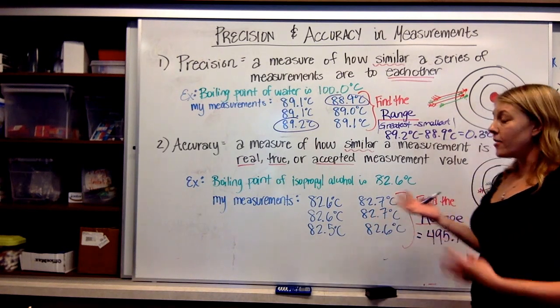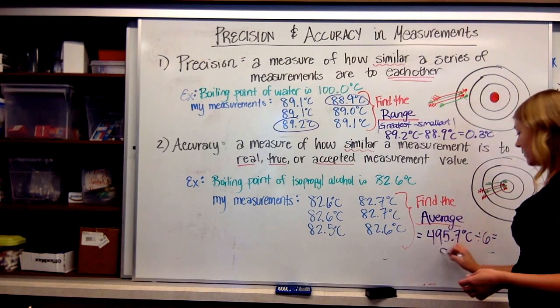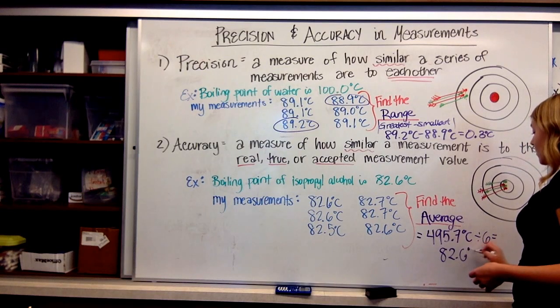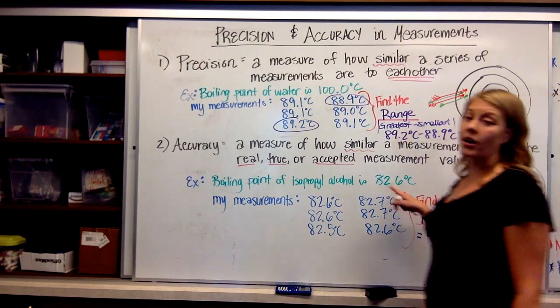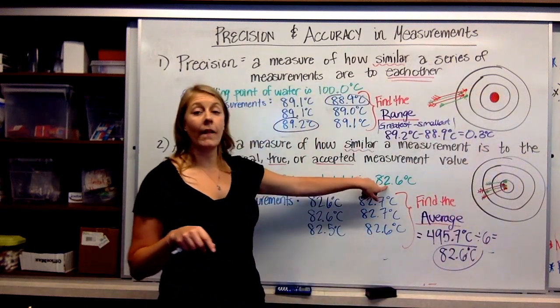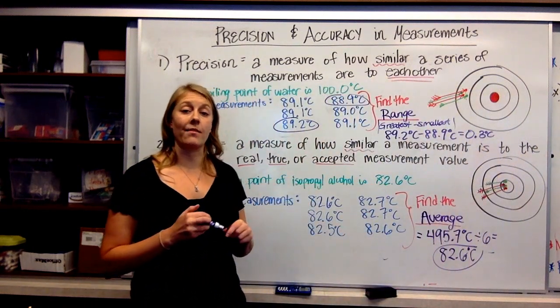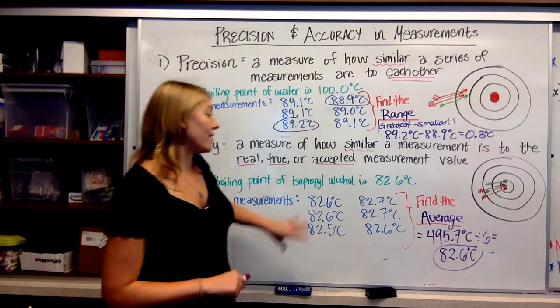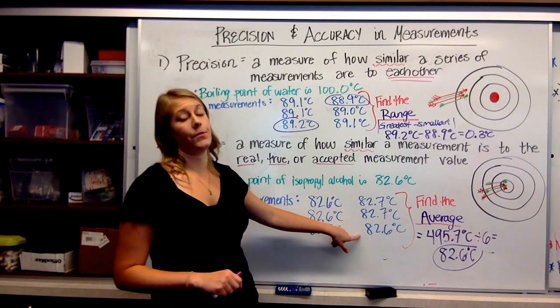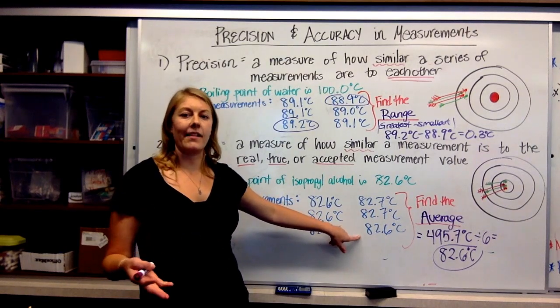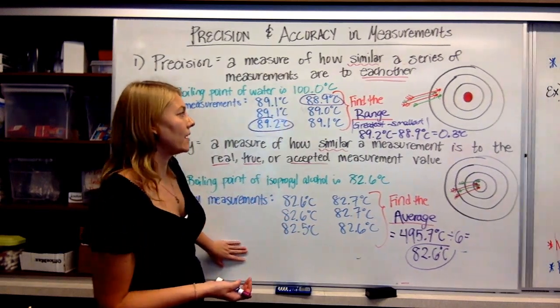When you do this, you actually get an average of 82.6 degrees Celsius. My average is right on target. It is right where the accepted value for the boiling point of isopropyl alcohol is. So these are very accurate. If we look at them, they're all very similar to each other. They're all very precise as well, right?